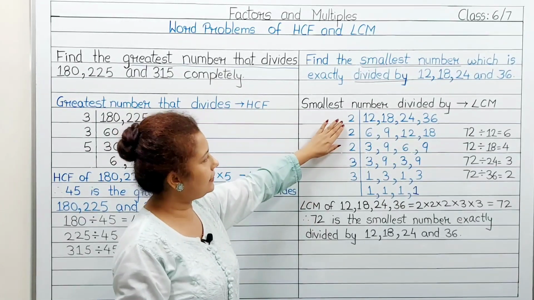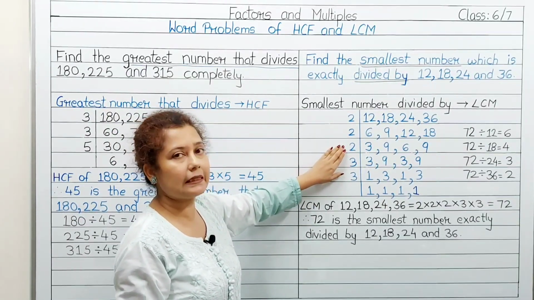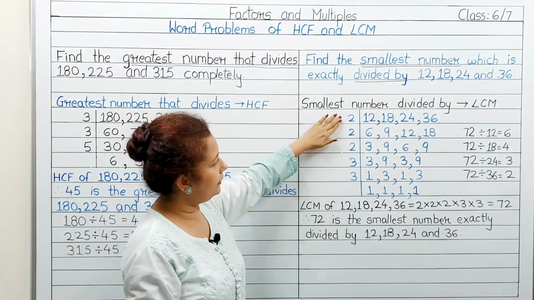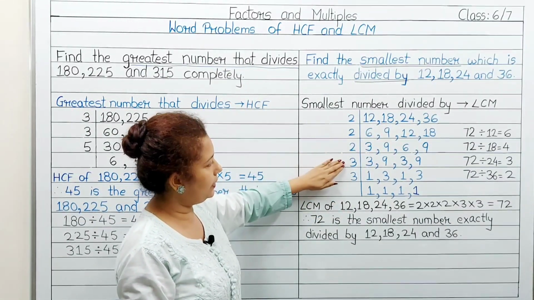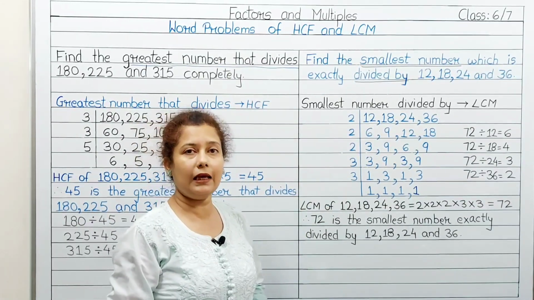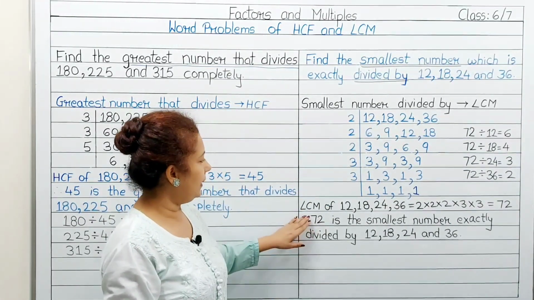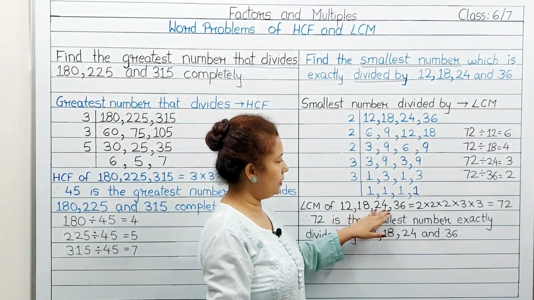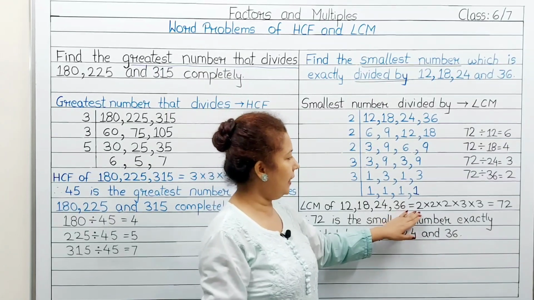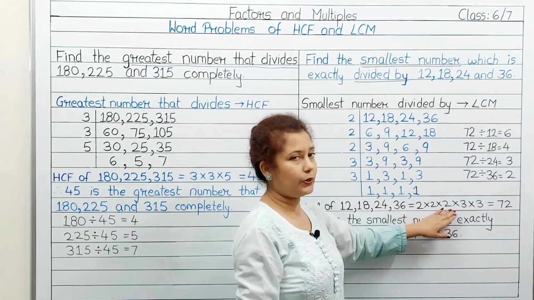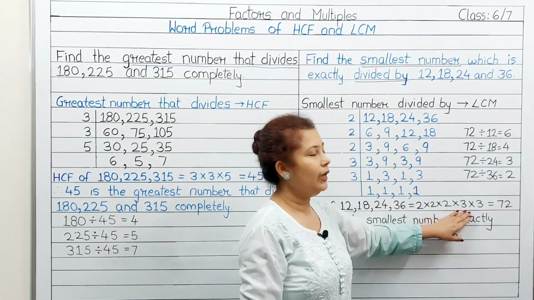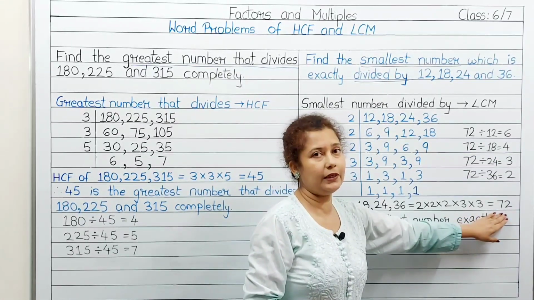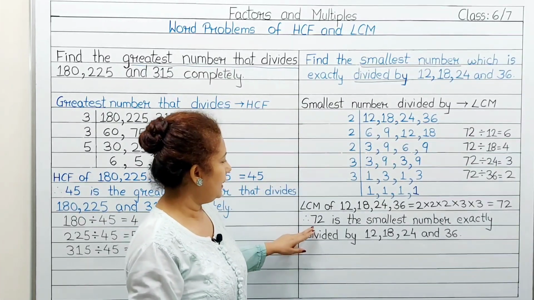So here the factors are 2, 2, 2, that is 2 cubed, and 3, 3, that is 3 squared. So the LCM will be 2 into 2 into 2 into 3 into 3, that is equal to 72. So the next statement will be LCM of 12, 18, 24, 36 is equal to 2 into 2 into 2 into 3 into 3, that is equal to 72.